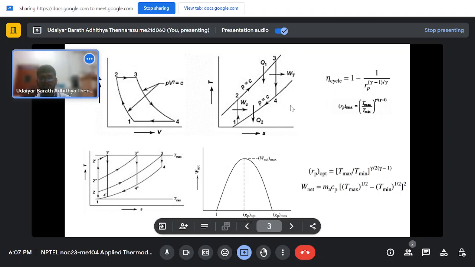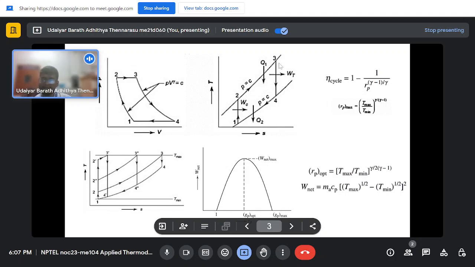So in that case you will have an optimum compression pressure ratio. Also in a Brayton cycle, when you are increasing the pressure ratio, it will have an optimum. If you keep on compressing from P3 to P4, your temperature after compression will be very close to the temperature after heat addition.